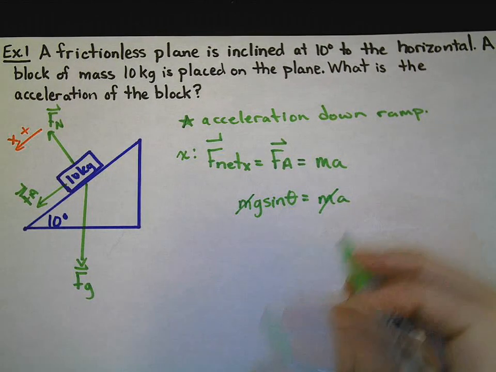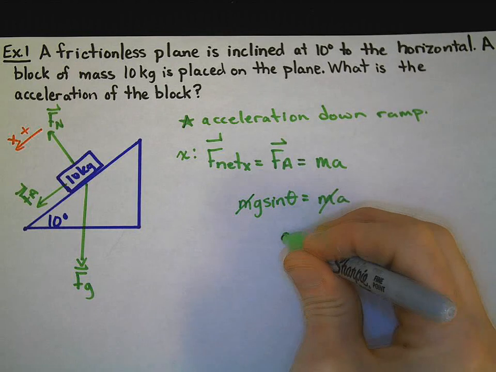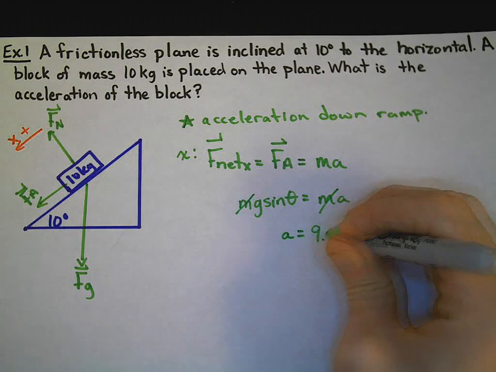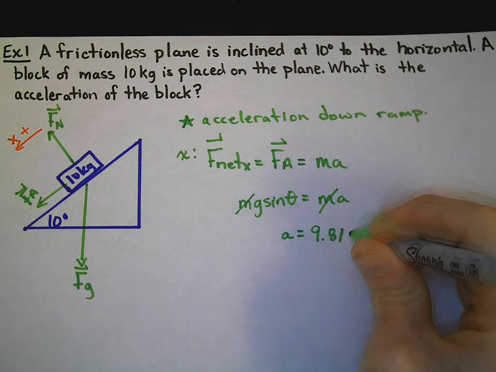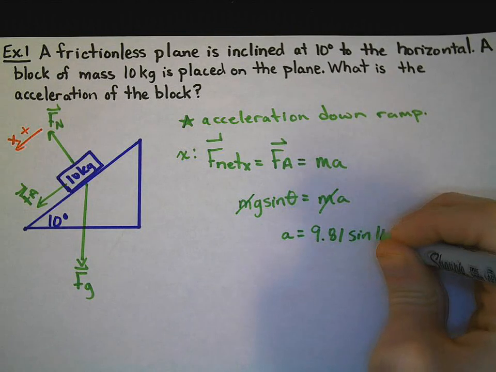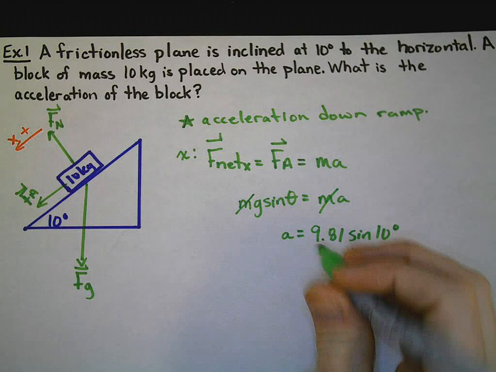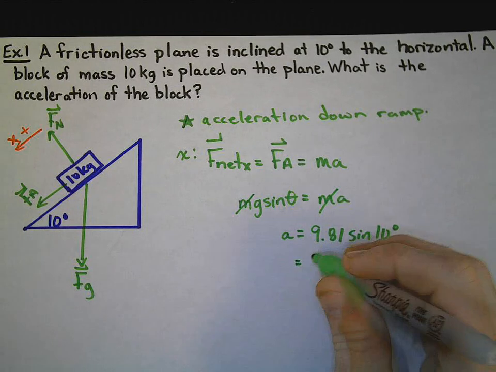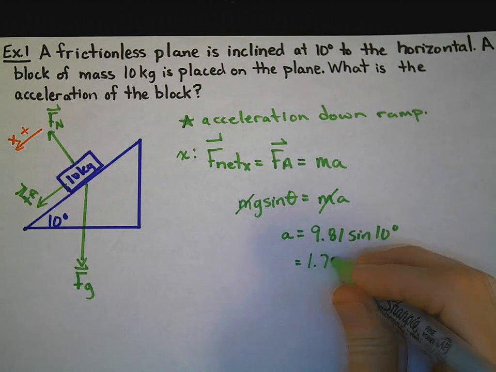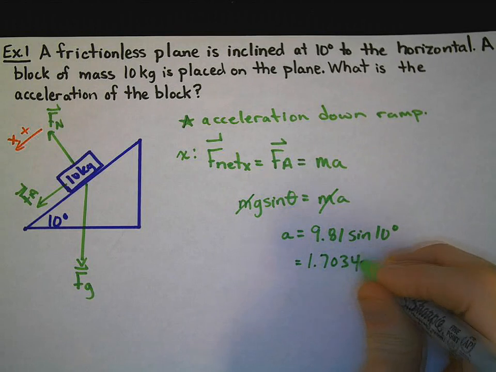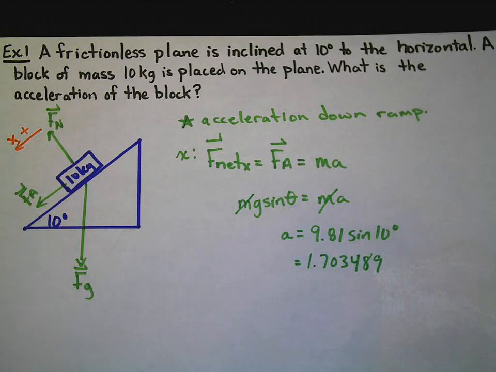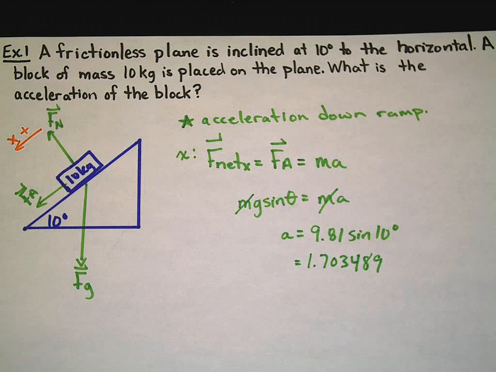So therefore, our problem merely becomes acceleration is 9.81 multiplied by sine of 10 degrees, which is 1.703489.